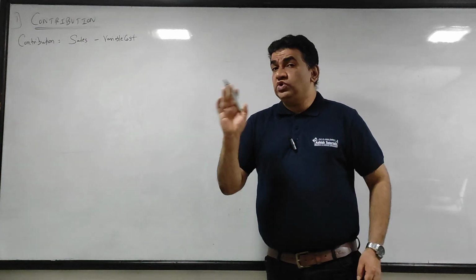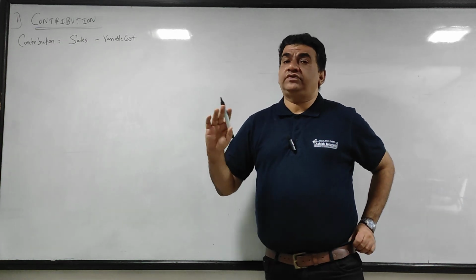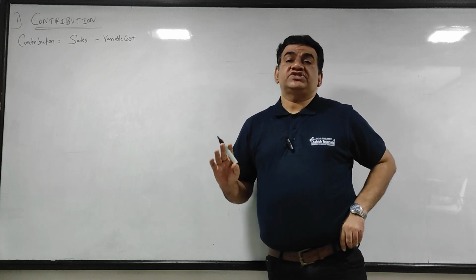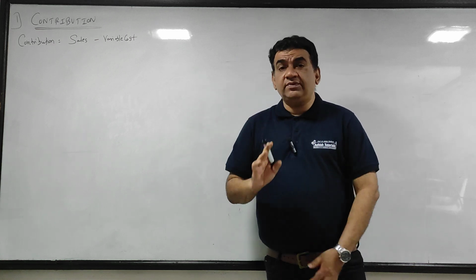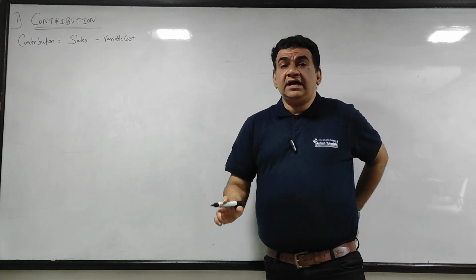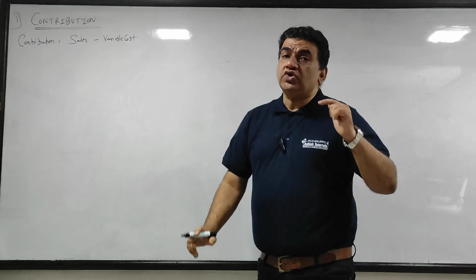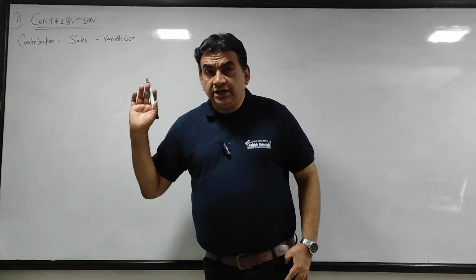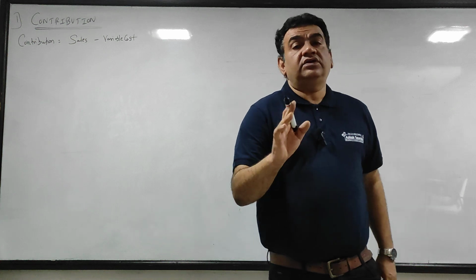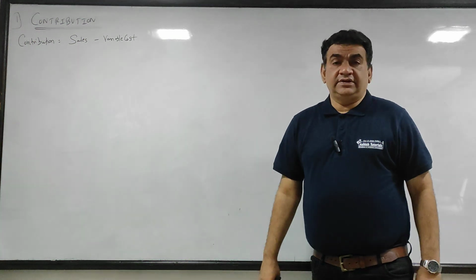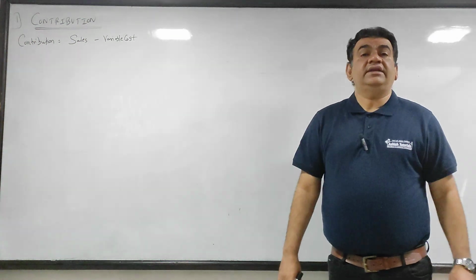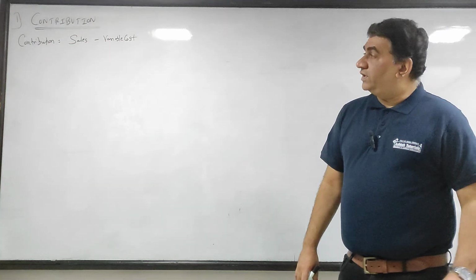You can do this in terms of total as well as per unit, but it is always advisable, when the selling price and the cost per unit are given, to take it on the basis of per unit. Okay, you always take it on the basis of per unit.